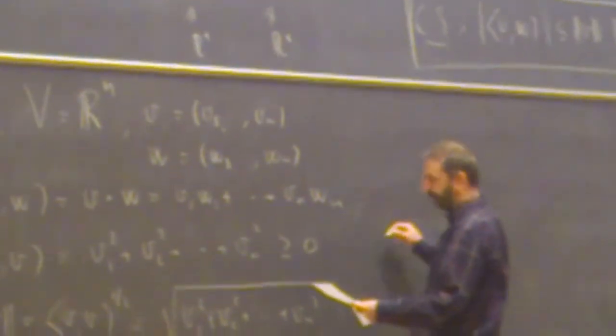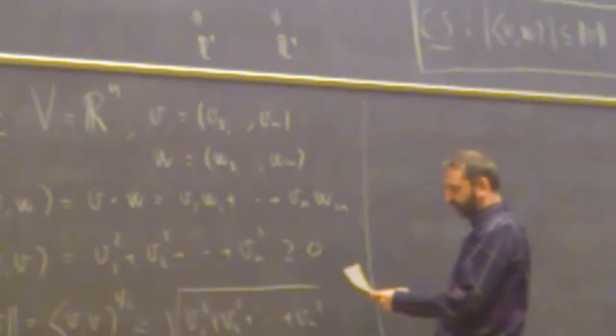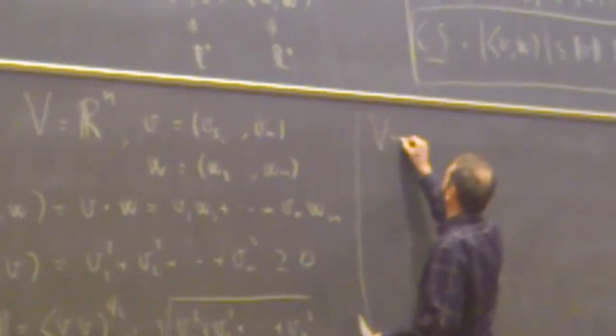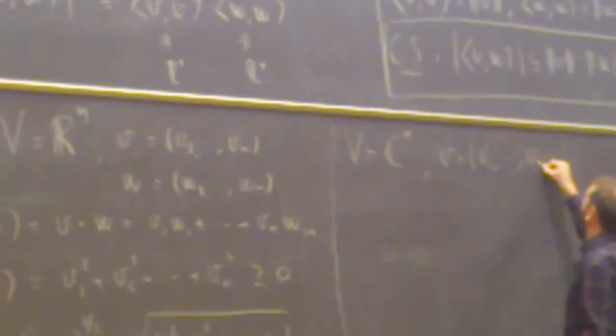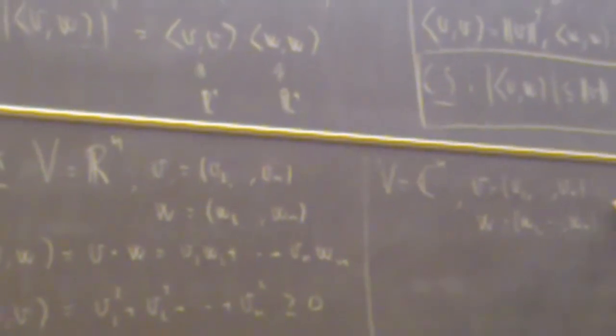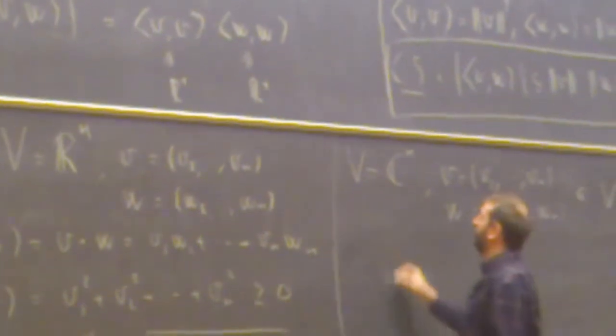Now, we could do the same thing for the vector space C^n. More or less the same thing, but maybe emphasize it. So if we have two vectors v, w in C^n, then we define the inner product.